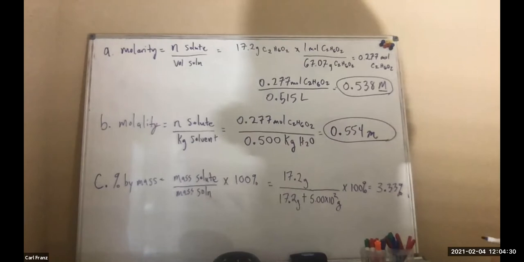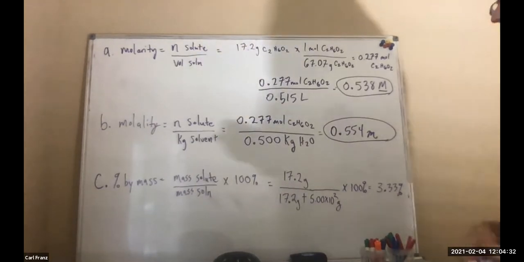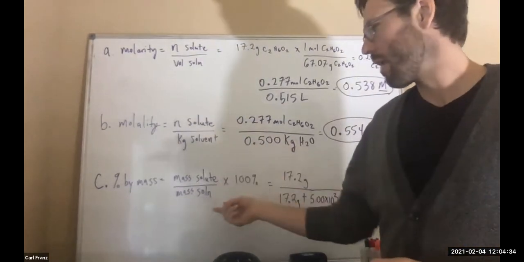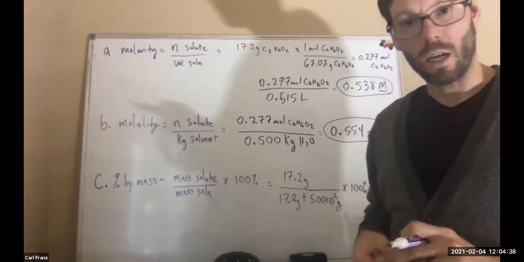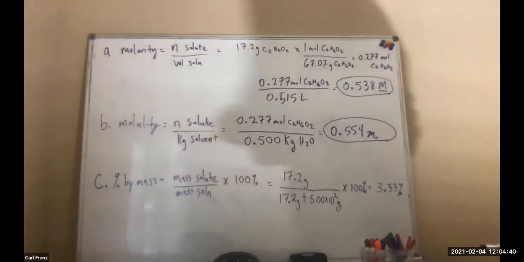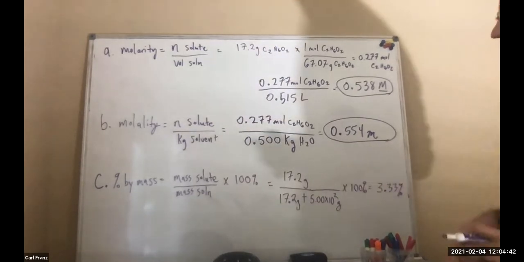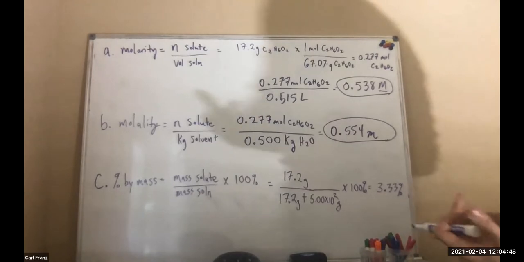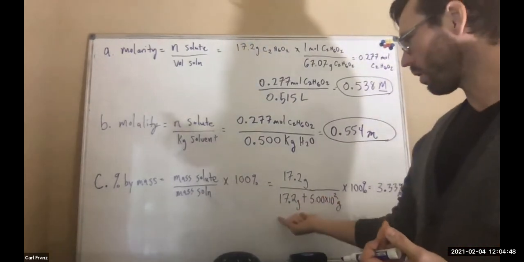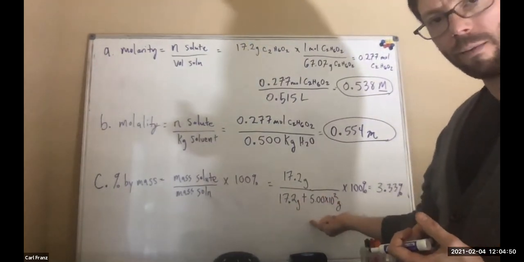And then for C, percent by mass is going to be the mass of the solute over the mass of the solution, and then multiply by 100 to get our percent. The mass they gave us was 17.2 grams. The mass of the solution is going to be the mass of the solute and the solvent combined.